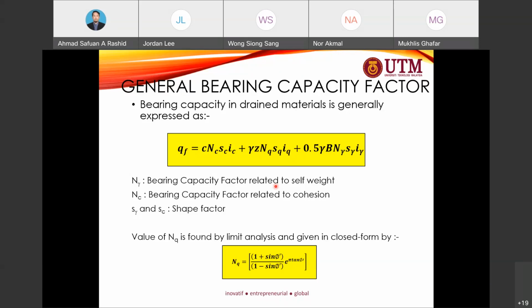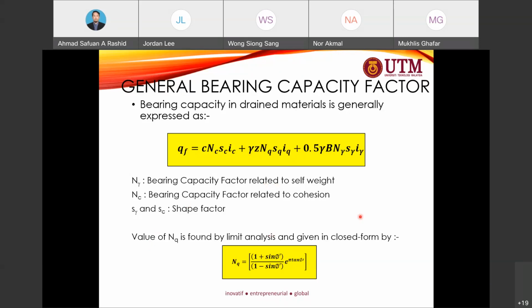I'm not sure, but when I refer to the Smith reference book, he also puts a comment on this issue of the depth factor. So we may go through the Smith later, right after I complete my presentation.